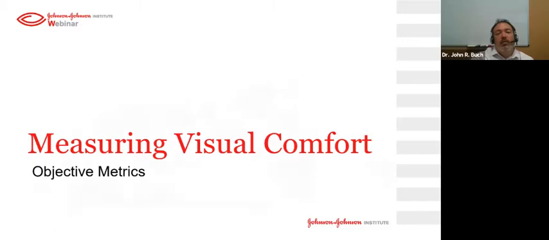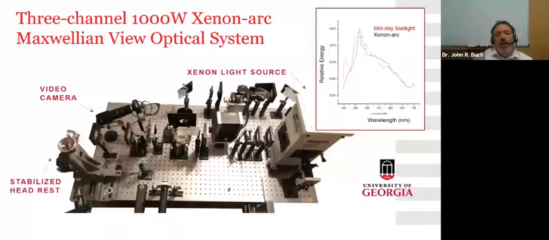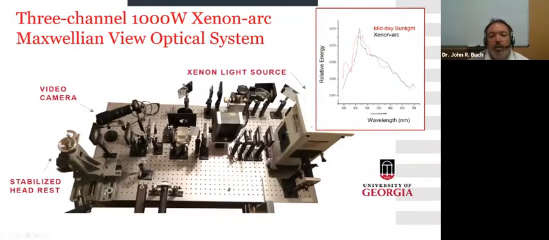So, measuring visual comfort. This is an optical bench system that was developed by our colleagues at the University of Georgia here in the US. I'm not going to go through all of this, but just to briefly ground you, this box-shaped thing on the right is a light source, a Xenon Arc Lamp.